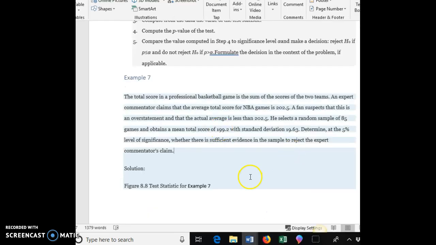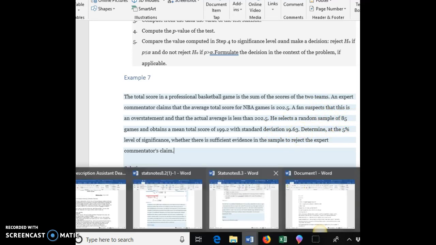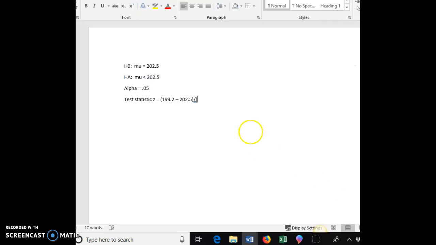So let's see, our sample standard deviation, because we do not have the population standard deviation, is 19.63 and it's 85 games. So we're going to have 19.63 divided by the square root of our 85 games, and let's do those calculations.